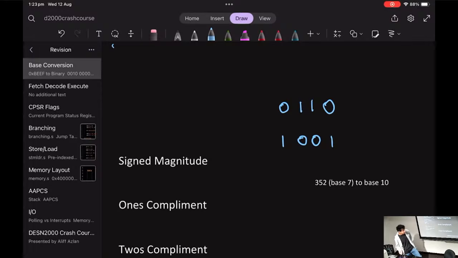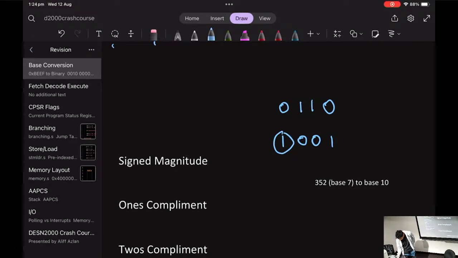And you can check if it's negative just by looking at the most significant bit, similar to signed magnitude. If it's negative, that bit will be a 1.